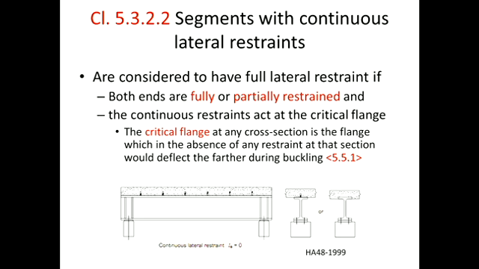So if you look at the bending of this beam, why do you think this would be referred to as the critical flange? Or why would the top flange in this case be the critical flange?